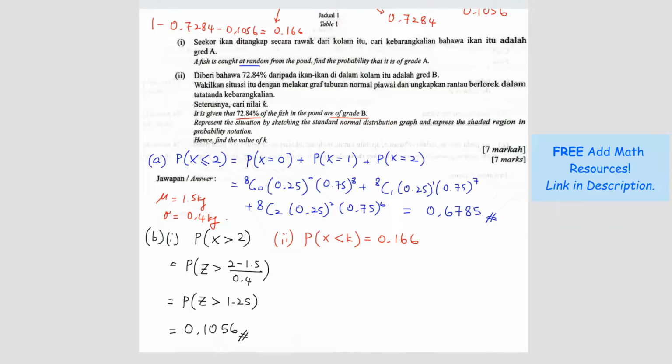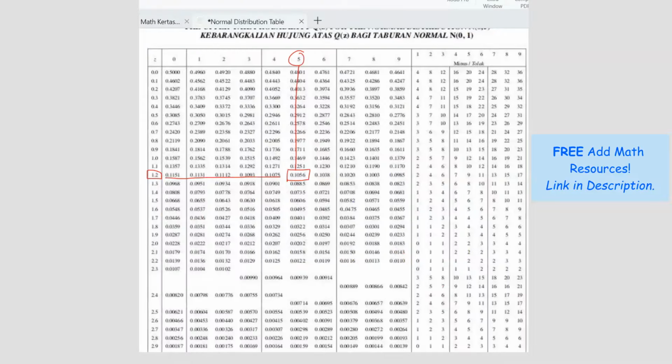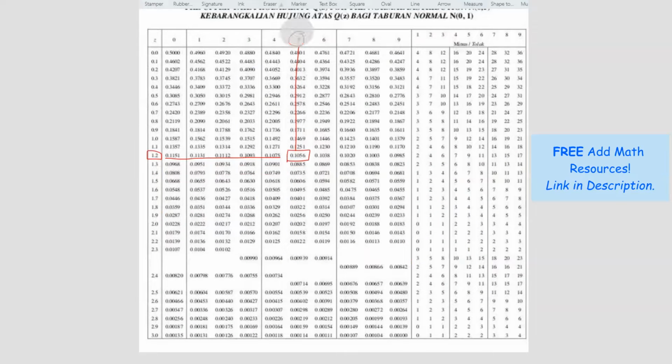So if I use the more than, this will be 0.166. So 0.166 I can find from the table. Let me erase this first. I don't know if you all can see, it's a bit blur.